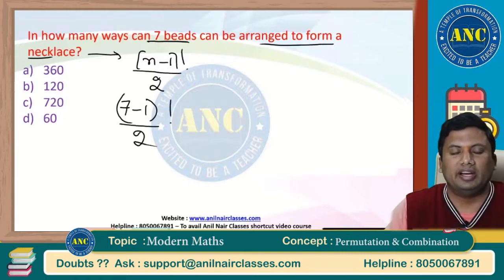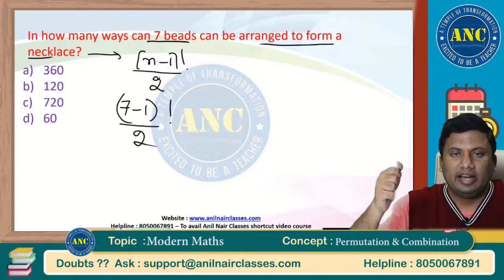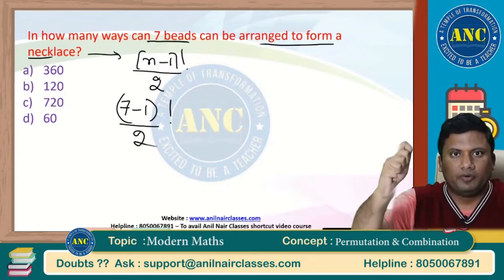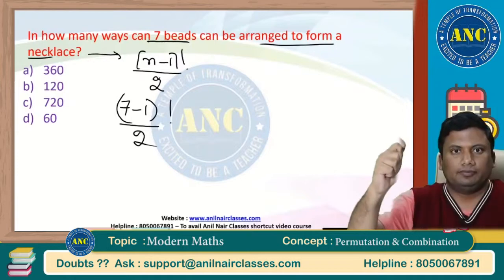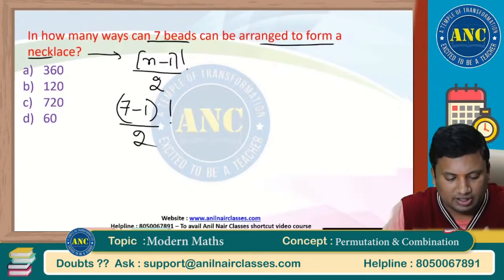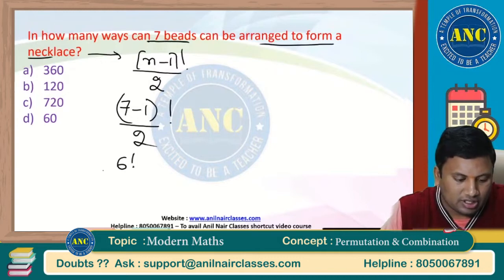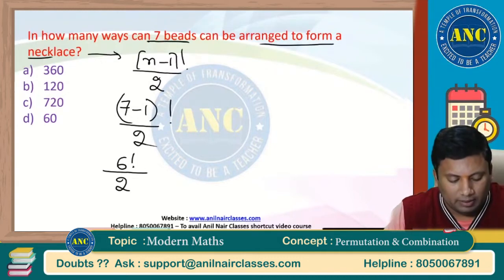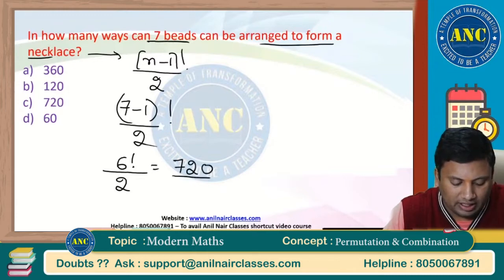The order does not change in a necklace. So this is 6 factorial by 2, where 6 factorial is 720.